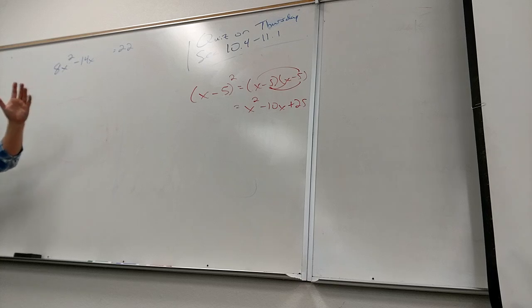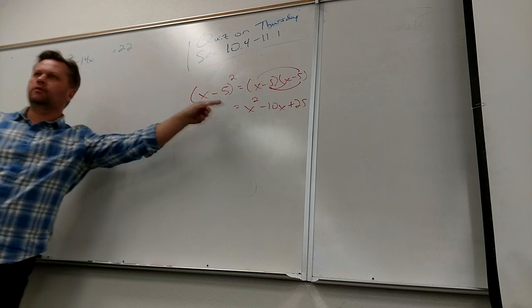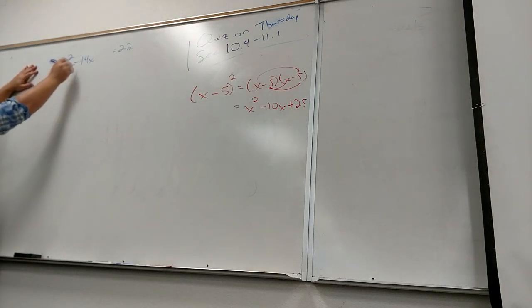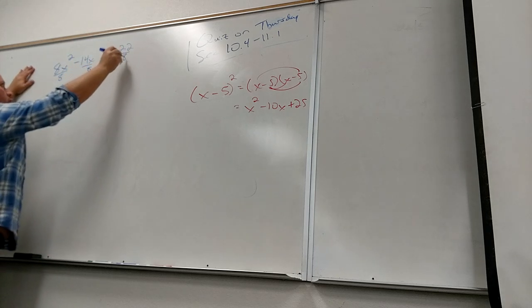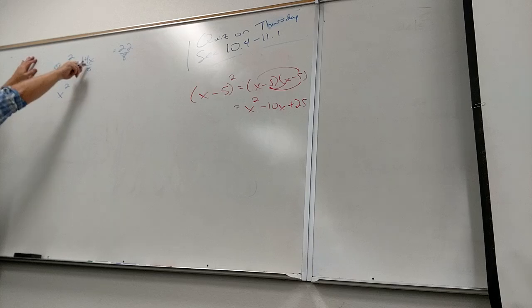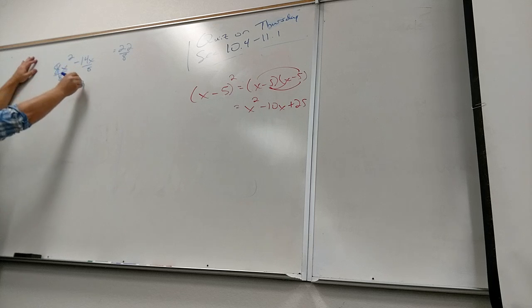There's a big difference here in the ones I was doing. The ones I was doing had a 1 here. X squared. I have to divide by 8. I don't have a choice. I don't care if 8 doesn't go in, it's just I have to. X squared minus, what is this going to become? -7.